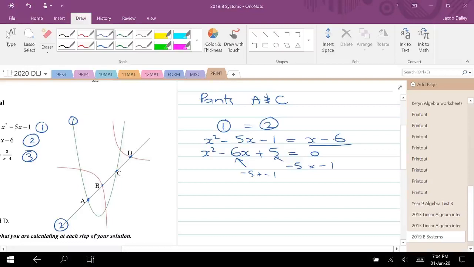So that allows us to quickly factorize our brackets to x minus 1 and x minus 5 equals 0, which allows us to get our x coordinates for A and C very quickly. So x1 is going to be 1 and x2 is going to be 5.